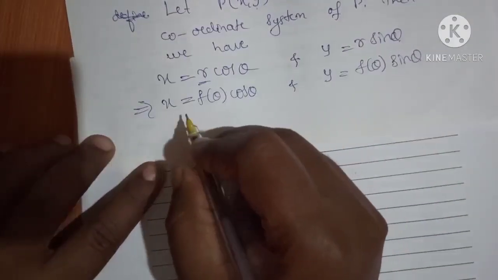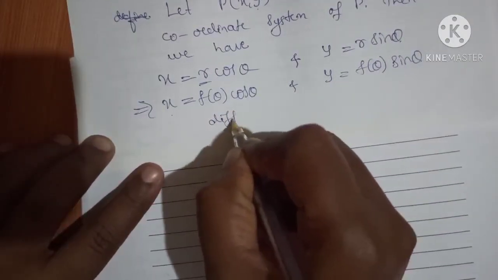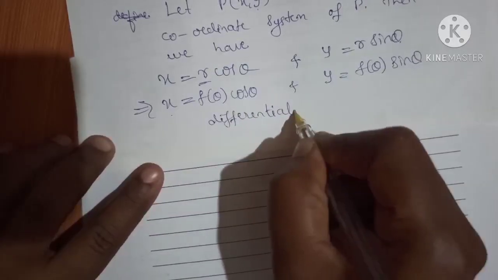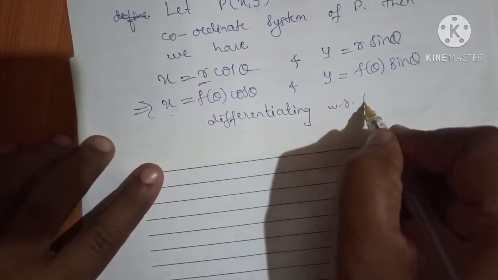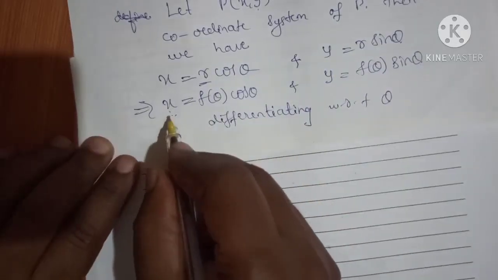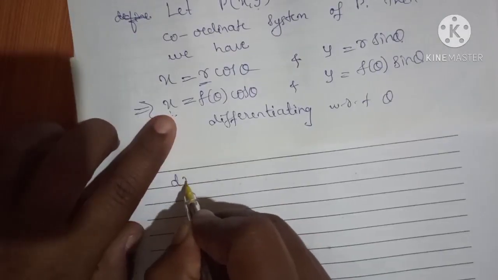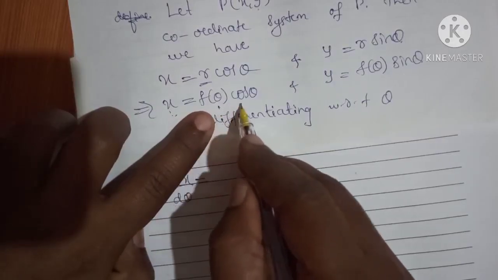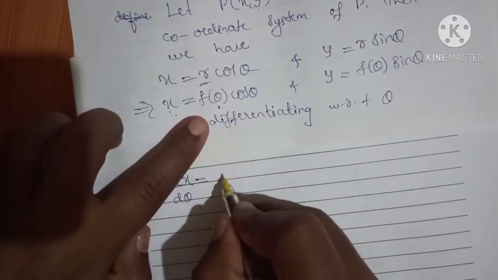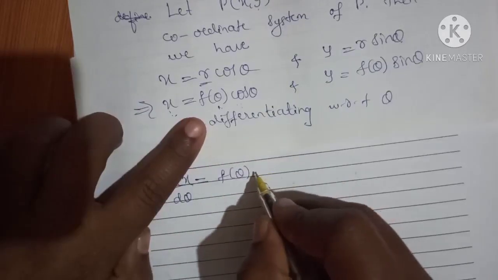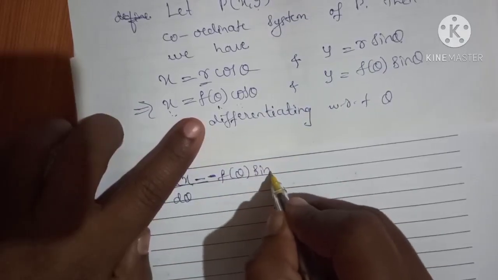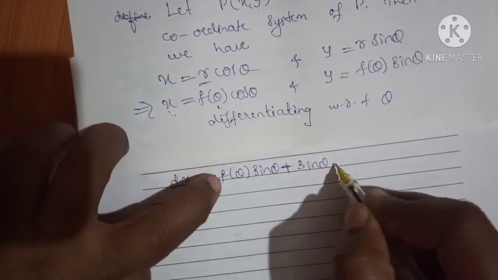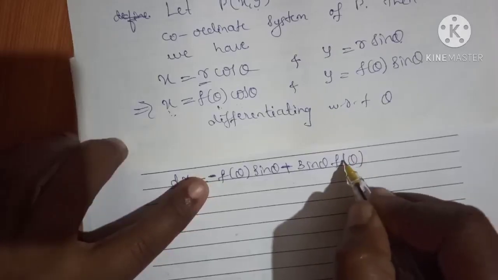On differentiating these two with respect to theta, we get dx by d theta equals, here we have to apply the uv formula: f of theta as it is, the differentiation of cos theta is minus sin theta, plus sin theta as it is, the differentiation of f of theta is f dash of theta.